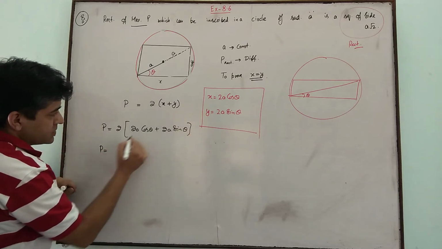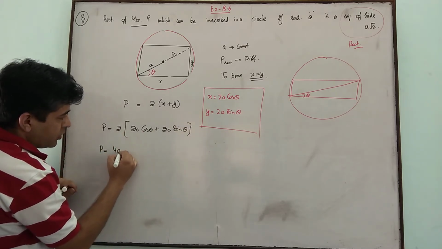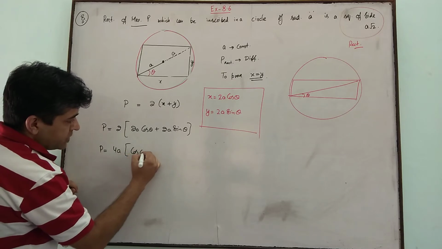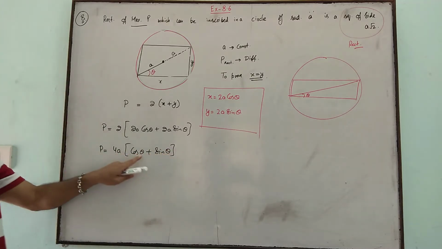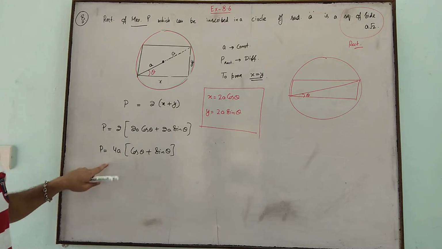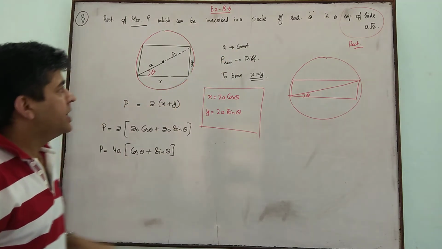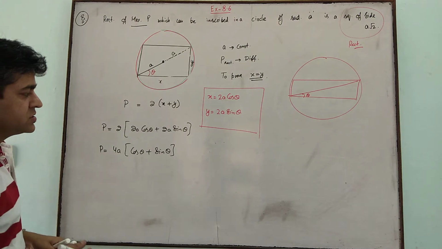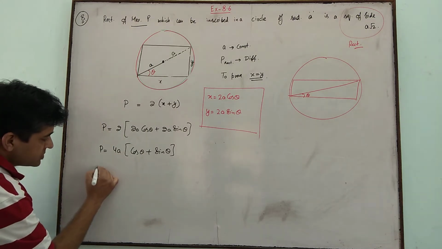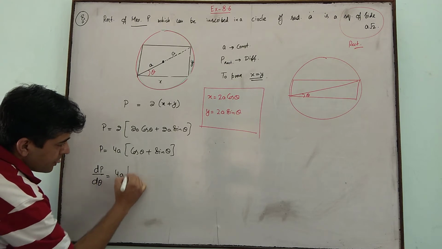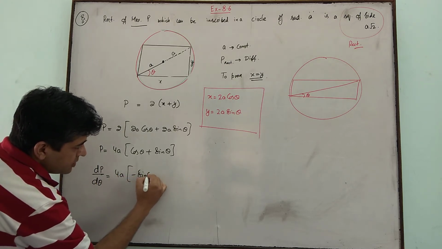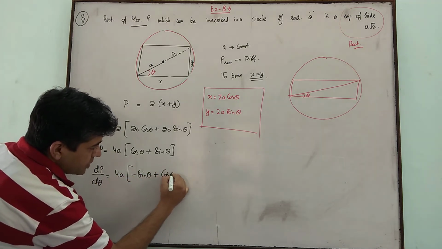Taking 2a common, the perimeter is 4a times cos theta plus sin theta. Now the perimeter depends on a single variable, theta, as a is constant. Now differentiate this with respect to theta: minus sin theta plus cos theta.